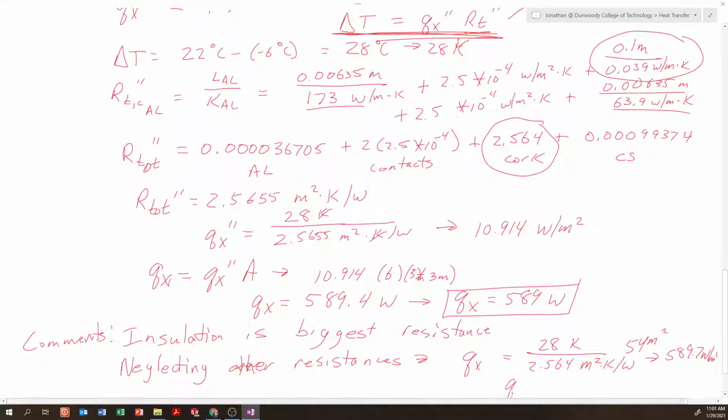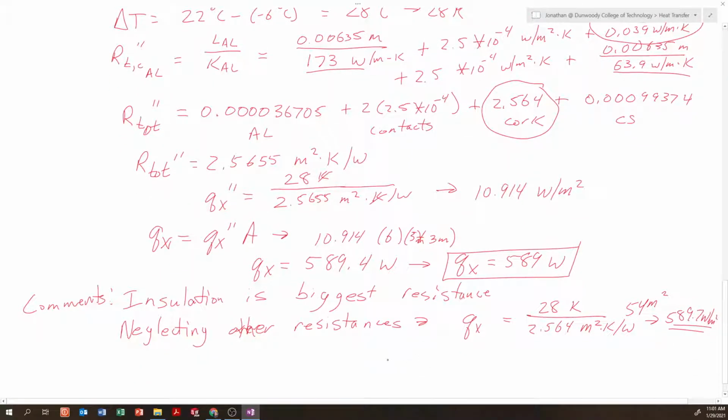So I get Q_x is 589.7. So including those other resistances reduces Q_x by 0.05%. So I could have just neglected them off the bat, called it just fine, don't worry about the contact resistance, don't worry about the aluminum and the steel, and we would be there.